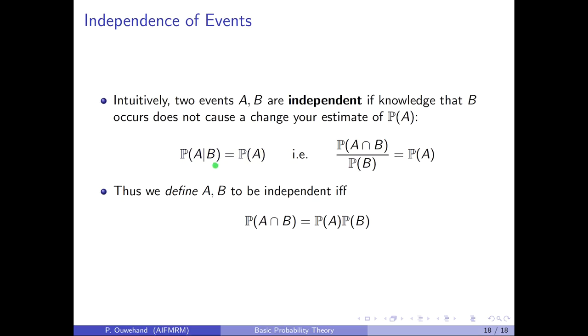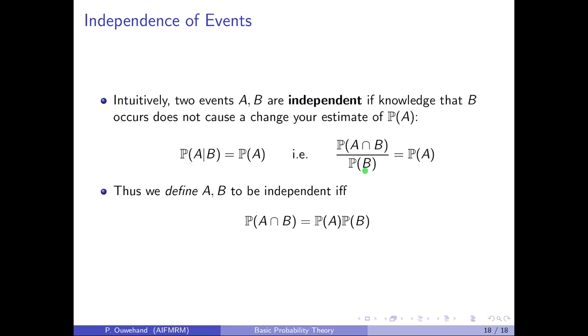The fact that we know that B has occurred has not led us to update the probability that A occurs. Using the definition of the conditional probability, we obtain the following. Now here we're dividing through by the probability that B occurs, and so this definition doesn't work if the probability of B is 0 because you cannot divide by 0.